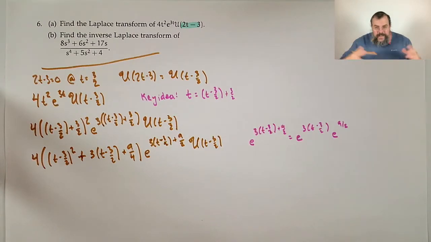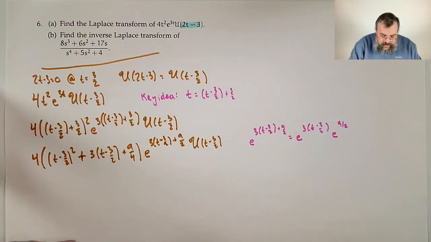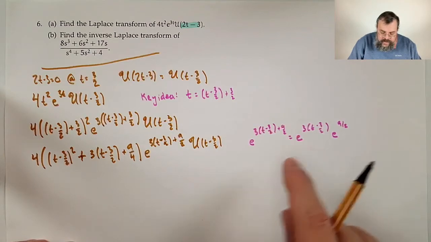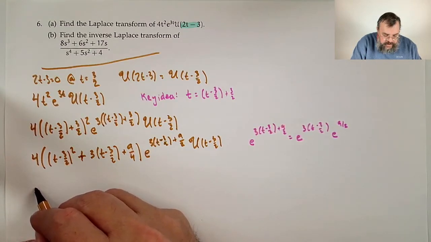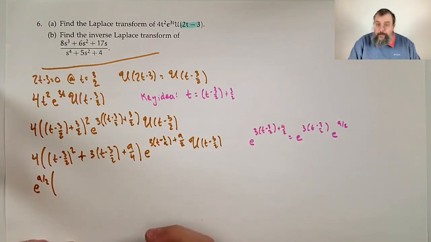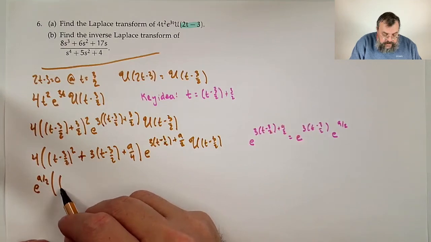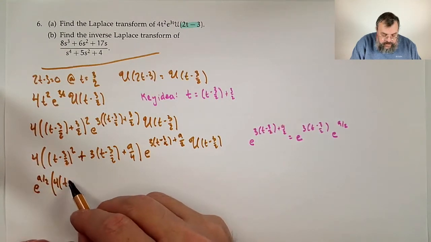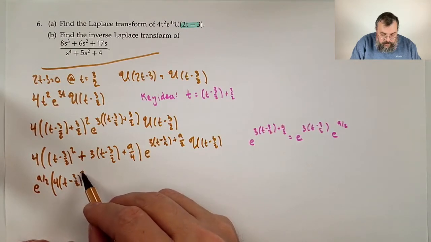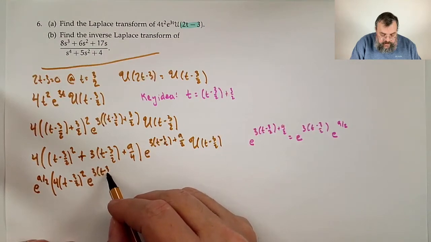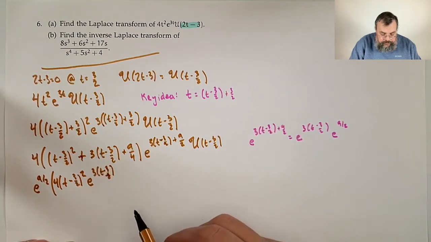All right, so we're going to clean it up. Okay, so we have the following. Well, there's this e to the 9/2 times everything. Okay, great. Just e to the 9/2 times whatever we're going to get out at the end. Then we're going to have t times, don't forget the 4. 4 times t minus 3/2 quantity squared e to the 3 times t minus 3/2.